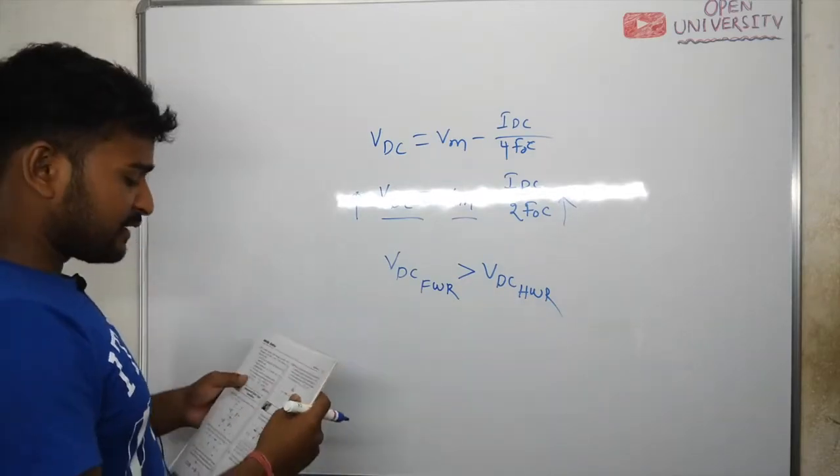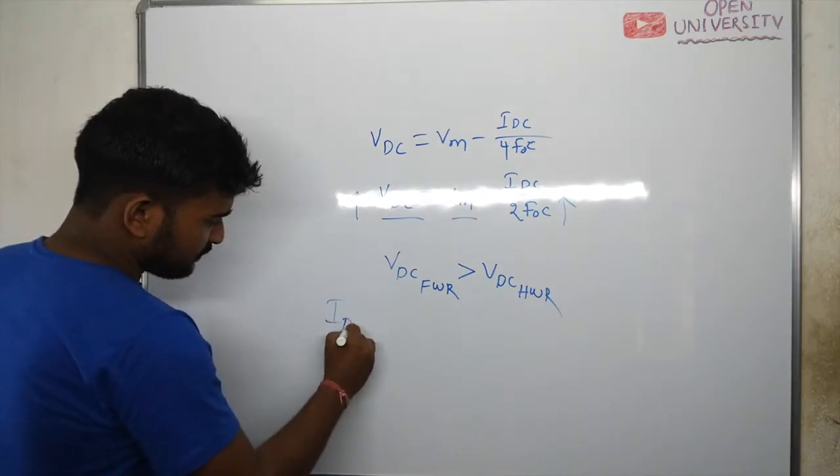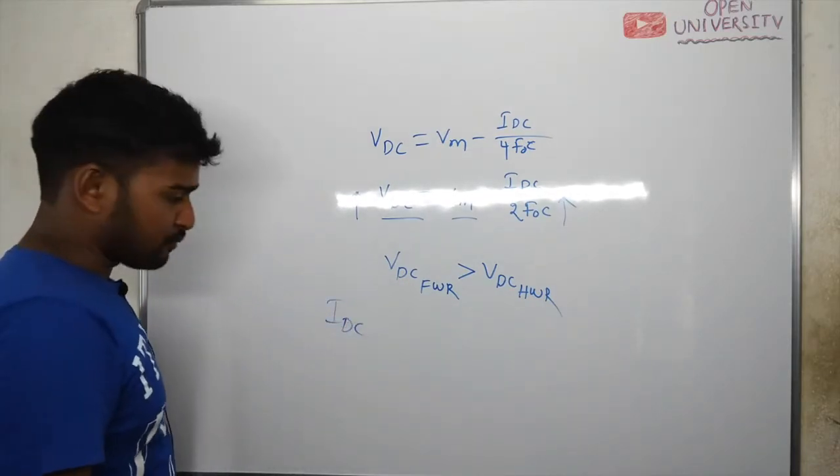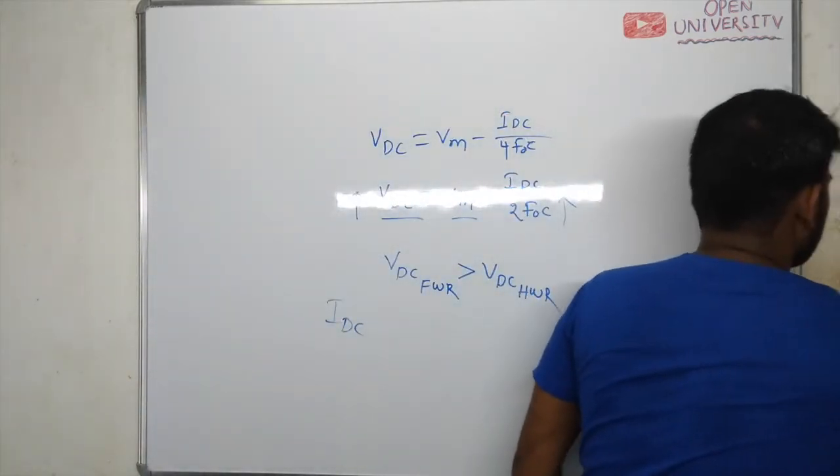The surge current will increase manifold. What was the surge current of a full wave rectifier? Source current is also called ID peak.